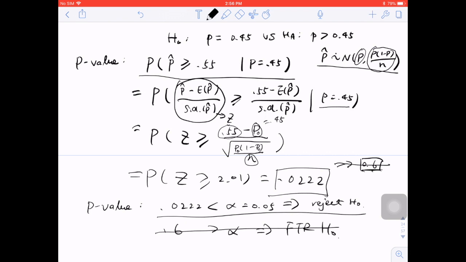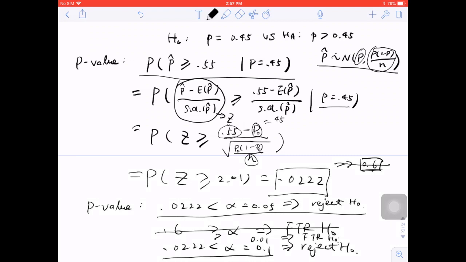Say if you would like to change the value of alpha to 0.1, the p-value is still smaller than 0.1, so you still reject the null hypothesis. But if you change your alpha to a very small value, say 0.001, then your p-value is larger than this, so you fail to reject the null hypothesis.